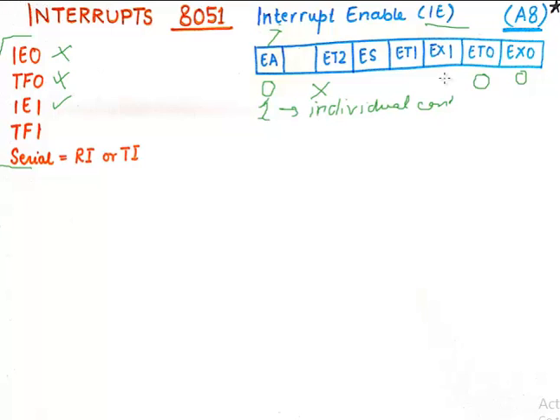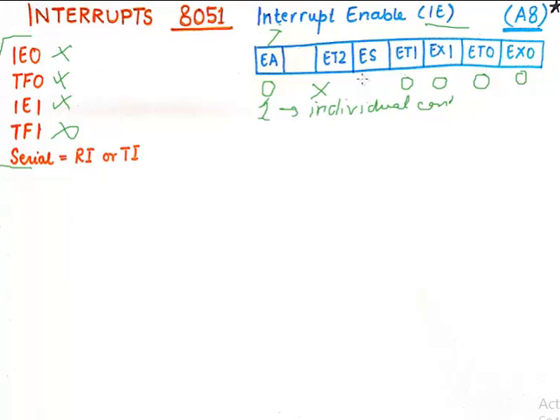So again turning it 0 is again going to turn this thing off. So only 2 interrupts are serviceable now. Timer flag 1 interrupt is serviceable and serial interrupts are serviceable. So if I make it 0, again this is turned off, so we're left with only serial interrupts.